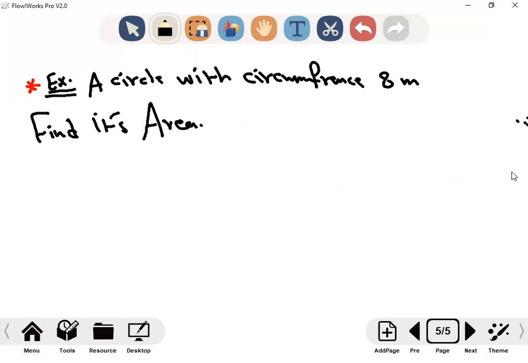The circumference is given. You found something, it's given. You found the circumference, right? The circumference is given. Why did you find it?